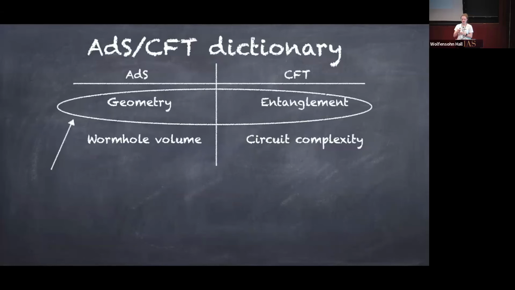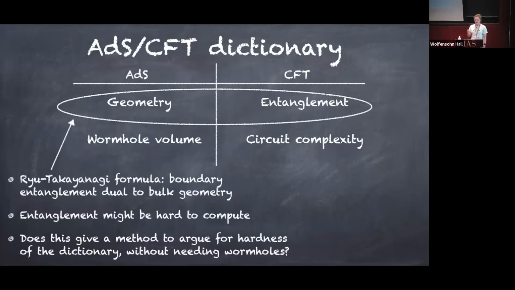So just to recap, the reason we're interested in hiding entanglement is because of this first entry in the dictionary. This first entry says geometry is dual to entanglement. And for people who aren't very familiar with AdS/CFT, this arises because of the Ryu-Takayanagi formula.